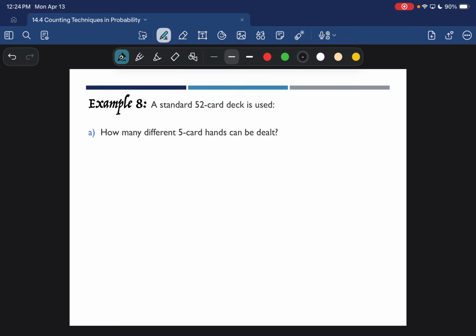So does the order in which the cards were dealt to you matter? Nope, because the first thing you did is to reorganize them into whatever order makes sense for the game, right? Maybe you're putting them in a number order, you're putting them in a suits order, something. Whatever you're doing, you're organizing them some other way. So the order in which they were dealt to you does not matter.